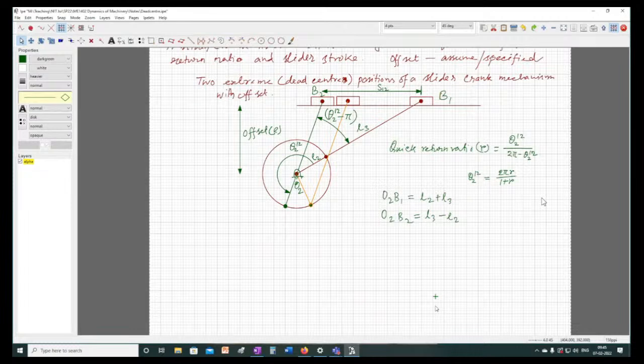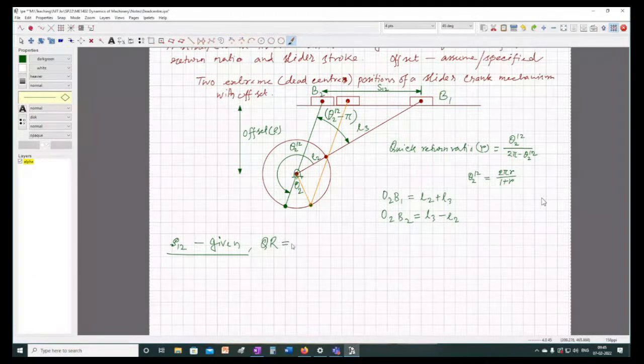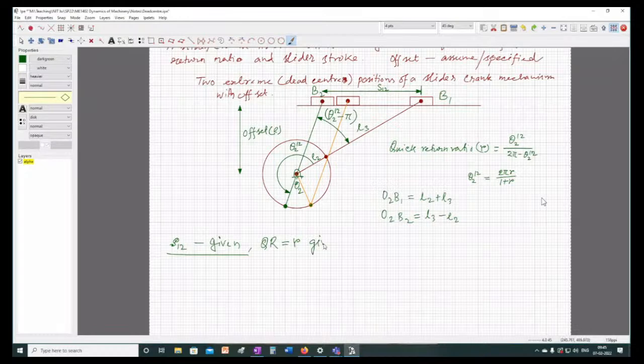First thing we will locate these points B1 and B2, because S12 is given. So in the problem we have this S12 that is given, and the quick return ratio is given. QR is given.